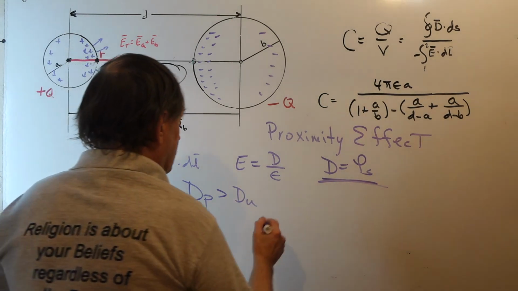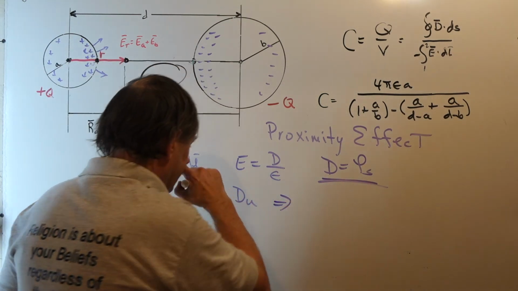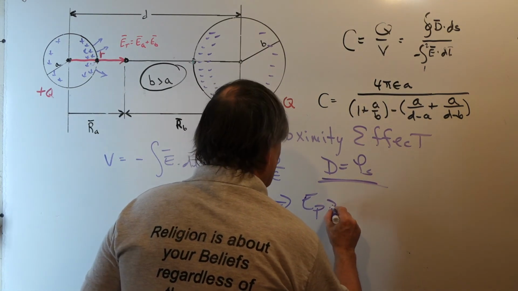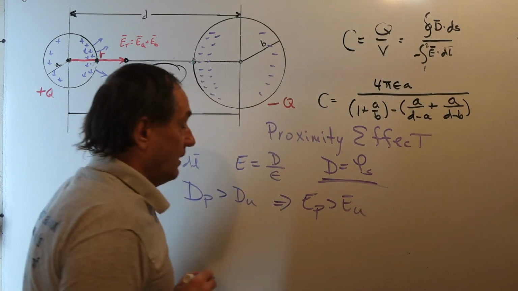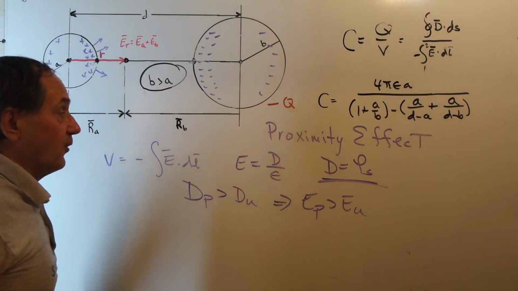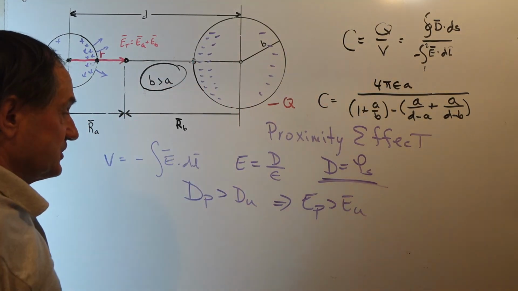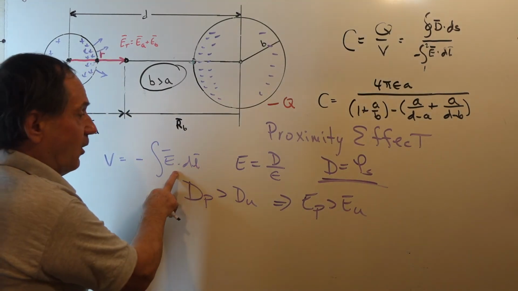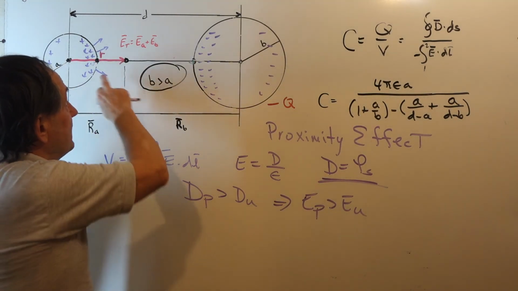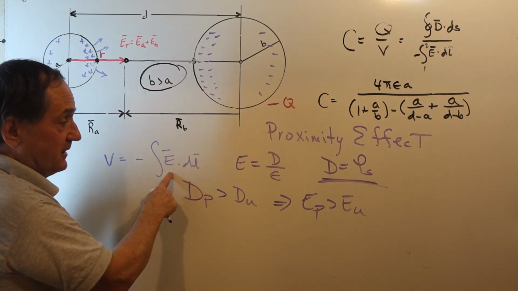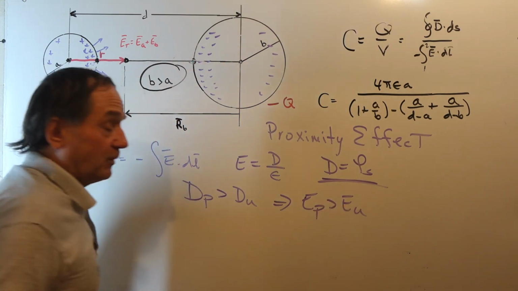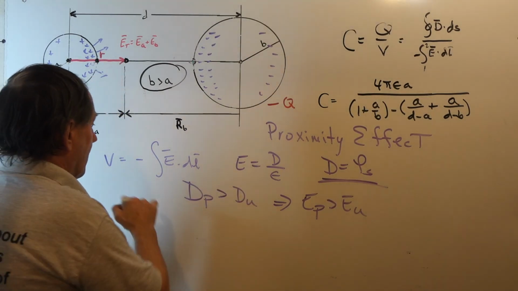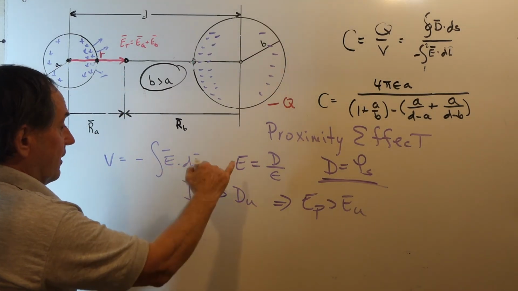This implies then that the E field, due to proximity effect, is going to be greater than the E field when you had a uniformly distributed charge on the surface. Well, if that's the case, then the voltage between the two spheres when you have a proximity effect is going to be greater than when it was evenly distributed.